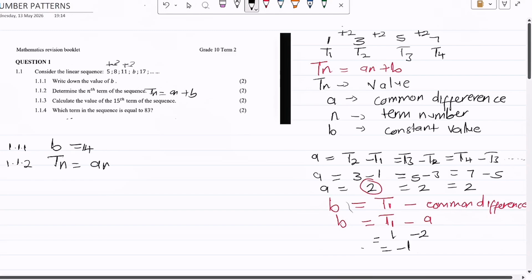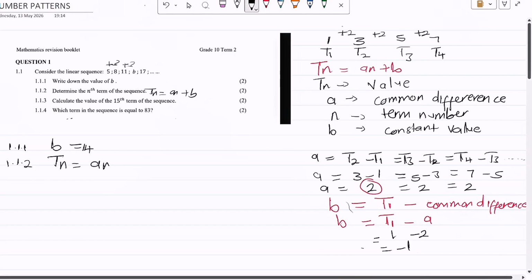Then we take 3 multiplied by 5, which is 15, to the other side. Now b is equal to 17 minus 15, and we find that b is equal to 2. Then you can say, therefore, Tn is equal to 3n plus 2. Okay?